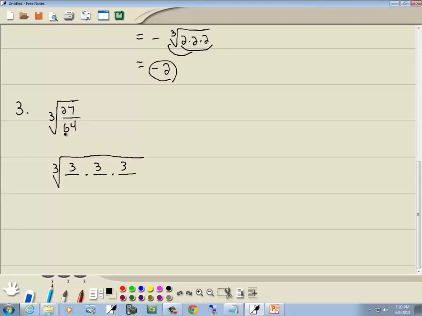And 64 is 4 times 4 times 4. Well, our index is 3. We're looking for a set of 3 of something. Here's 3 3/4. So they're going to come out in front as a single 3/4. And that's our answer.